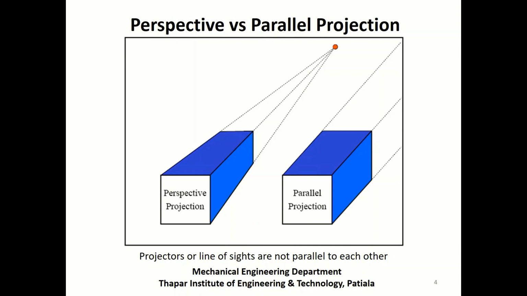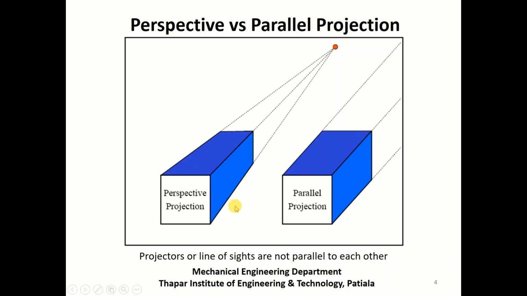This slide shows the typical difference between a parallel projection and a perspective projection. In this case we can see that in all three directions, the width, the height and the depth, the edges of the object are parallel to each other. So the lines representing these edges are parallel to each other.